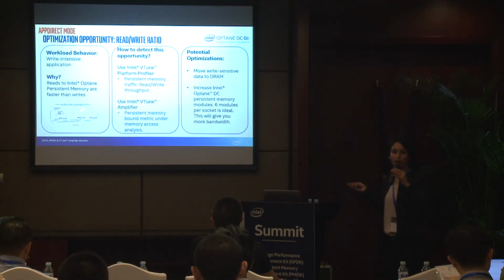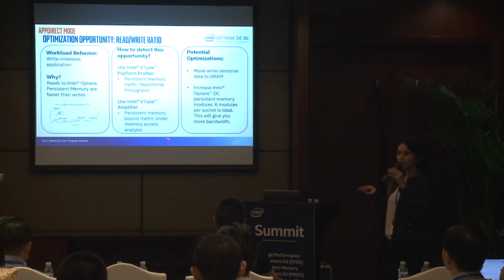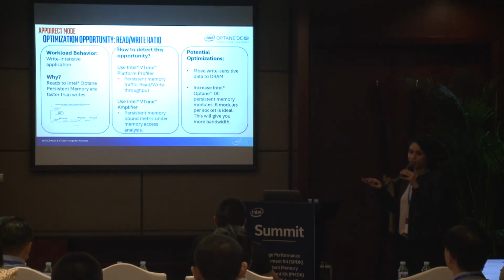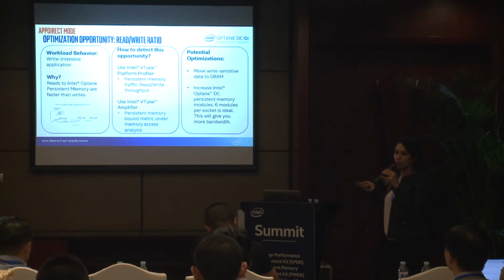This is the one Sergey talked about in his previous presentation. You can use either of these to detect whether your application is very write intensive, and based off that you can have some potential optimizations. Our recommendation here is to move your write-sensitive data to DRAM. Writes to DRAM are better than writes to Intel Optane DC persistent memory.